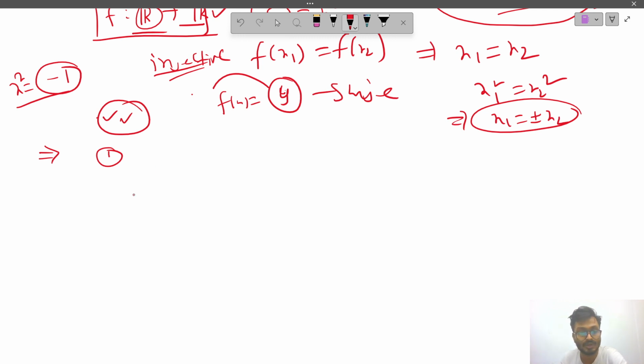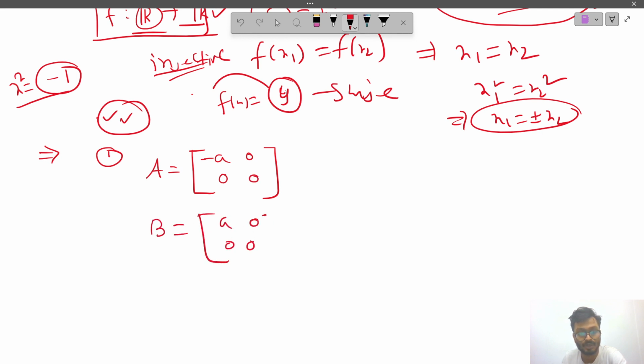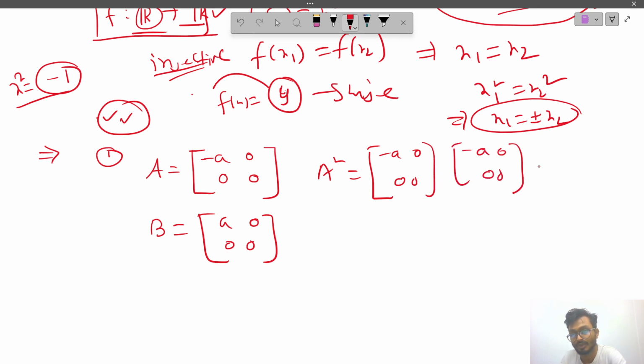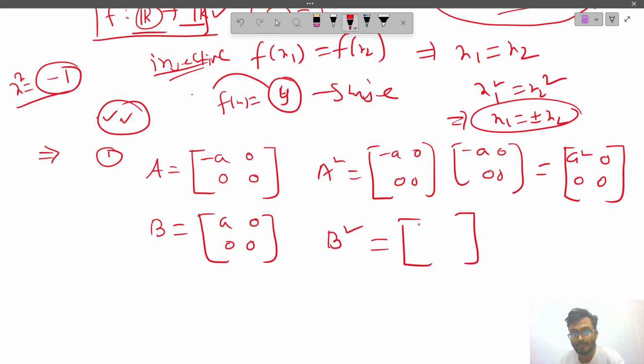To show that it is not injective, we take a matrix A, suppose this is minus a 0 0 0, and we take B, this is a 0 0 0. Now if we square A, minus a 0 0 0 into minus a 0 0 0, we get a square 0 0 0. Similarly for b square, we get the same a square 0 0 0.